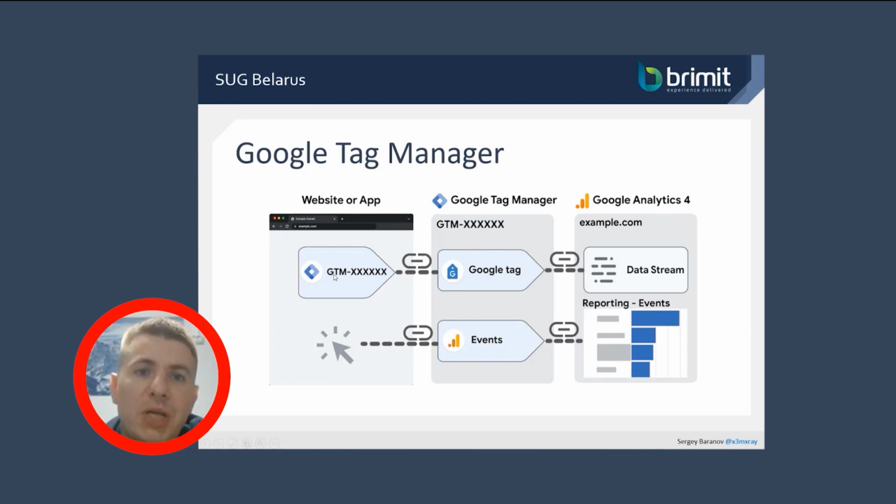What you need to do is just to install the Google Tag Manager container tag code snippet on your website or your application, and that's all from the website. Then in Google Tag Manager, you need to configure a connection to your Google Analytics 4 account and forward all the data to the Google Analytics.